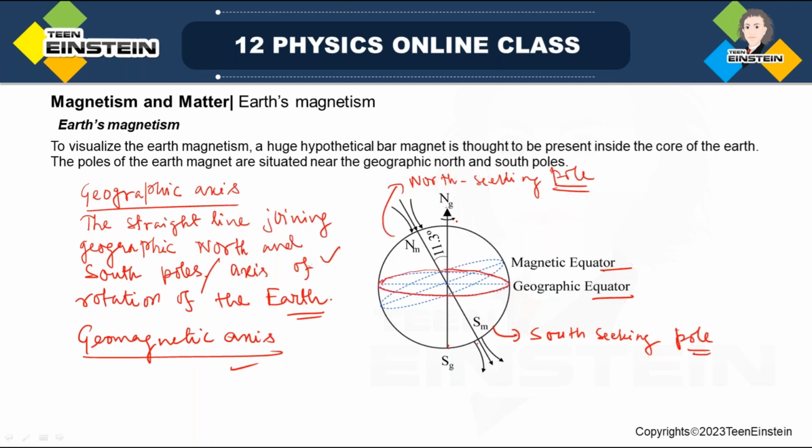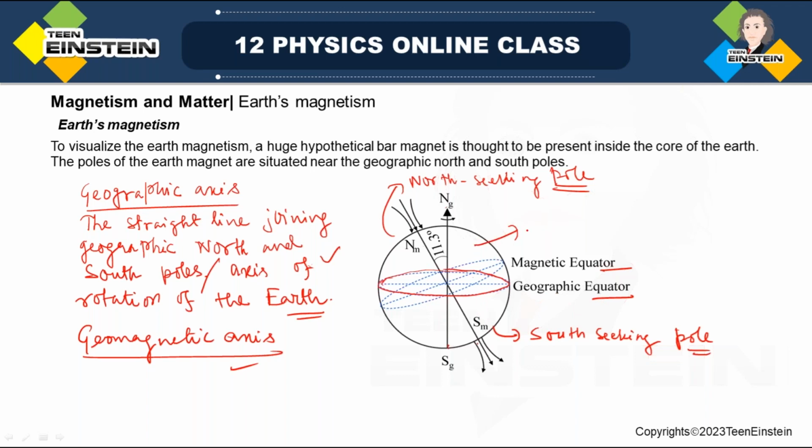So this circle is perpendicular to the geographic axis. This is called the geographic equator, and it makes the earth into two equal hemispheres.